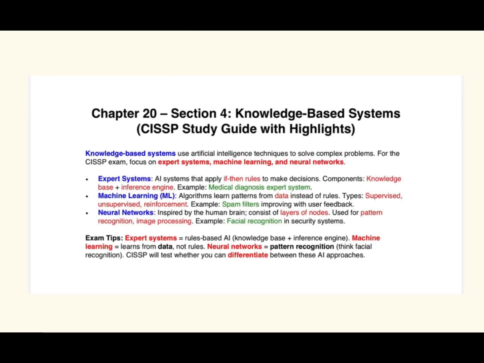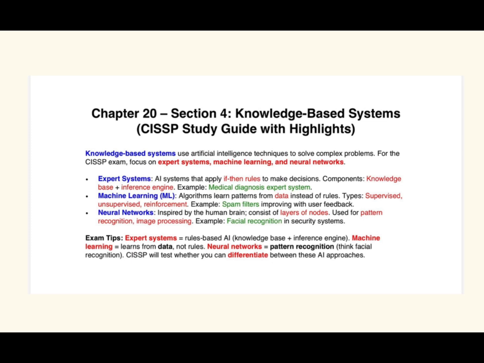In this session, we will discuss another important topic for the CISSP exam: knowledge-based systems. Knowledge-based systems use artificial intelligence techniques to solve problems that normally require human expertise.